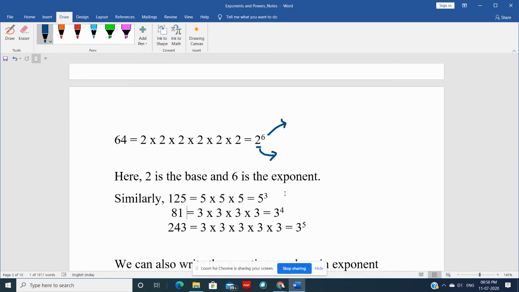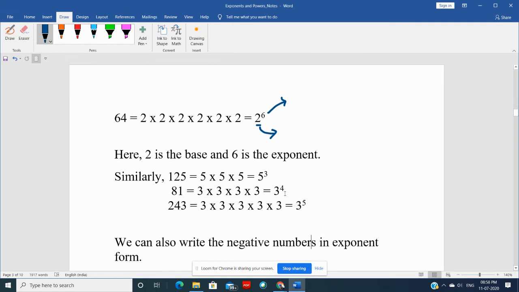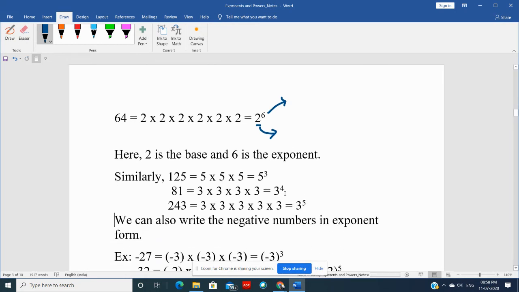Similarly, 81: with 2 it's not possible, so we start with 3, and 3 into 3 into 3 into 3 is 3 raised to the power 4, the fourth power of 3. 243 is again 3 into 3 into 3 into 3 into 3, so 3 raised to the power of 5, or the fifth power of 3. It's as easy as that. This is how we can write any number in exponential form.